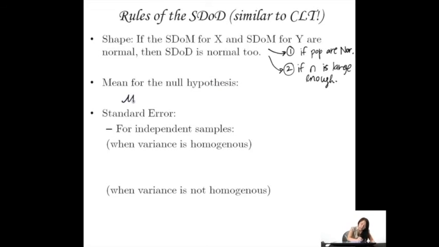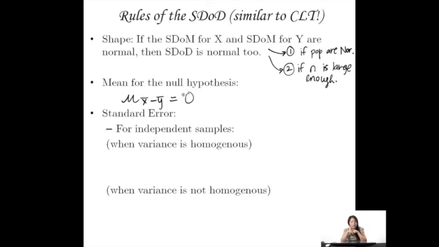So the null hypothesis says the mean of these differences of means is going to be 0, right? That's the null hypothesis. And that's really saying that the SDOM for x and the SDOM for y are very, very similar.